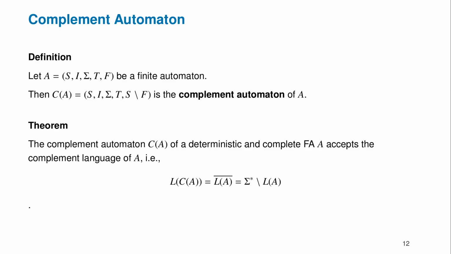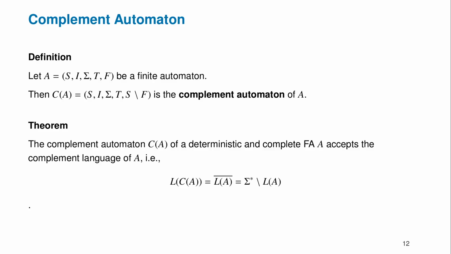Sometimes we need to talk about the negation. Sometimes it's easier for solving certain verification problems, for example, and for this we need a way to get an automaton that describes the complement language and not the original language. For this purpose we have the complement automaton construction.